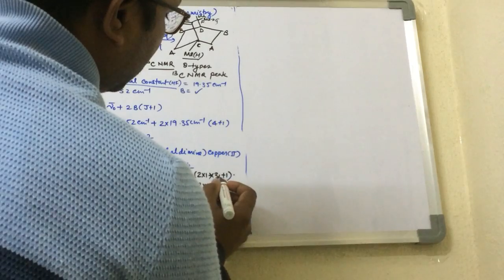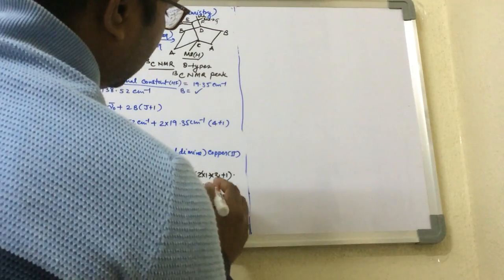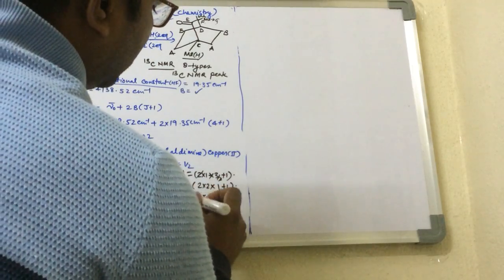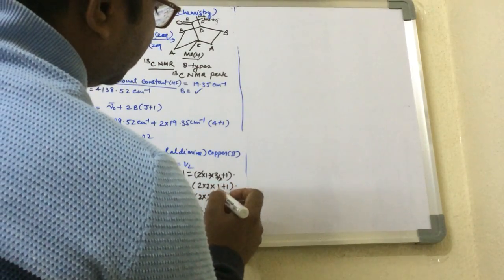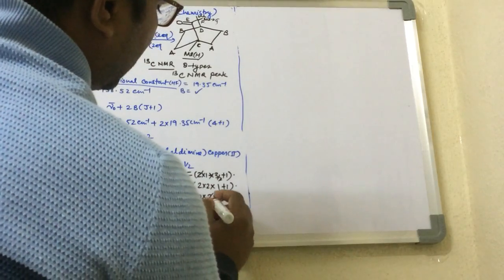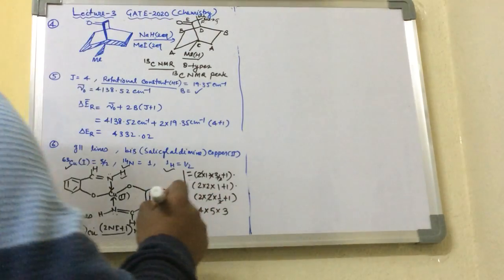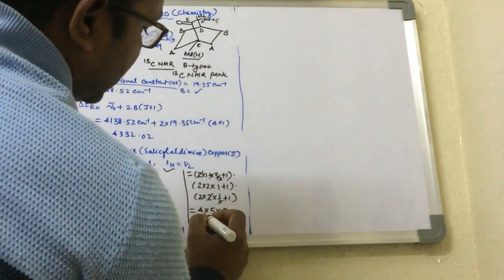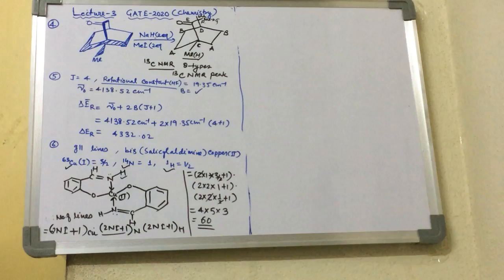Simply solve: the 2s cancel out. So you will get 4, multiplied by 5, multiplied by 3. So the total lines, g parallel lines, is 60. So 60 g parallel lines will be obtained for this molecule. Okay, right.